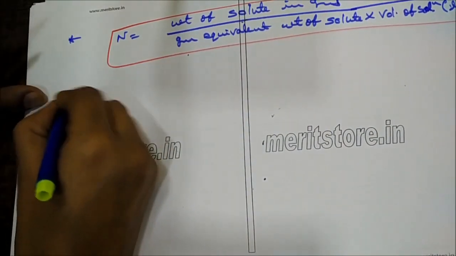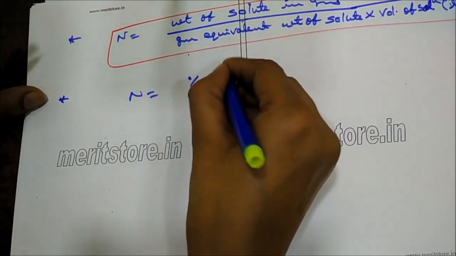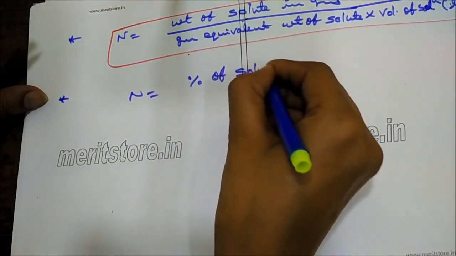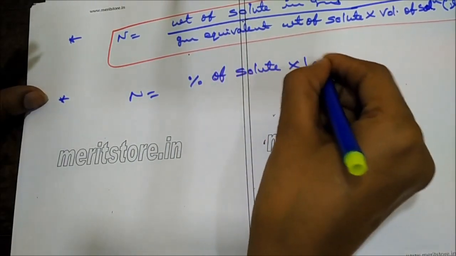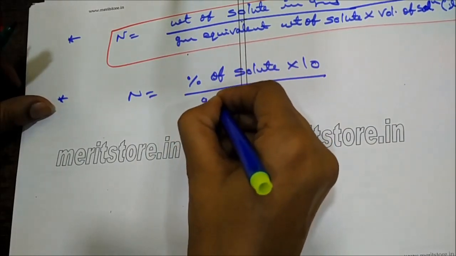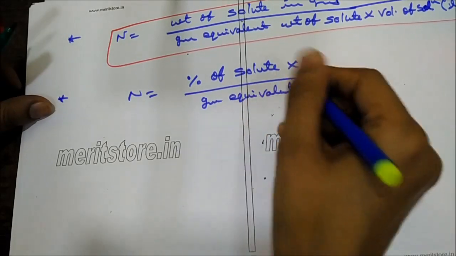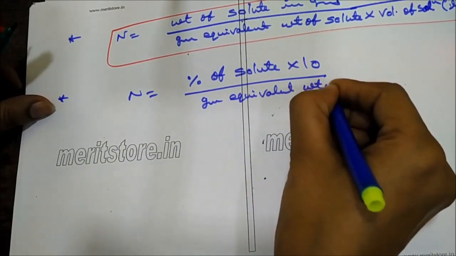The next formula is normality is equal to percentage of solute into 10 divided by gram equivalent weight of solute.